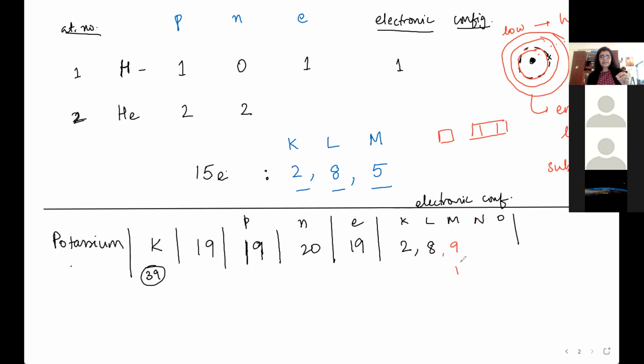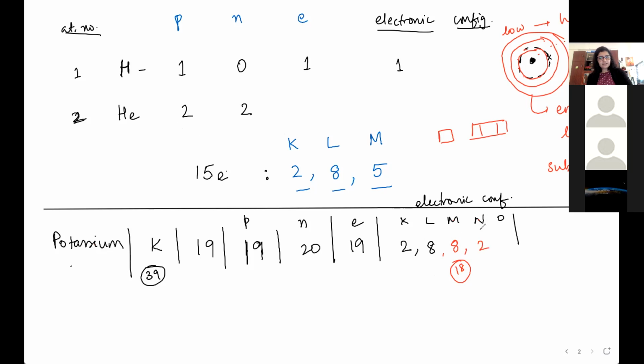Now the third shell can take 18 electrons total, but some of them are lower in energy, some higher. So in reality, first 8 electrons are filled in the M shell, and then 2 electrons are filled in the N shell.